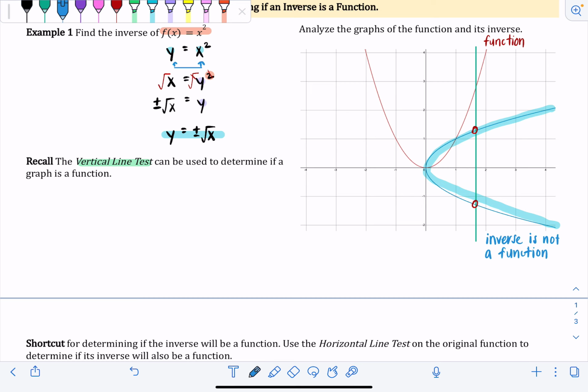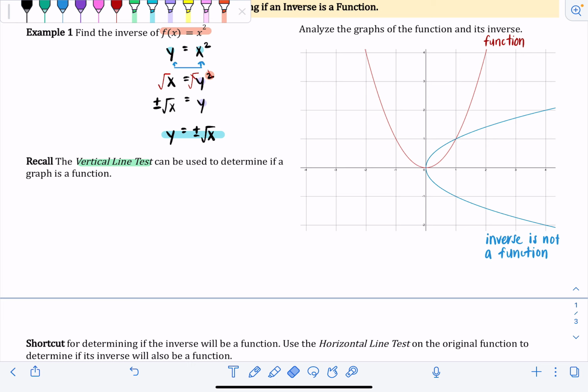Okay, so you can see, just based on the wording down at the bottom of the screen, that there is a shortcut to determining if an inverse will be a function, and this is when we don't actually have the inverse's graph. So I'm going to erase and draw off of this graph up here. If you notice, the original function and its inverse are the same shape, but they're pointing in a different direction.